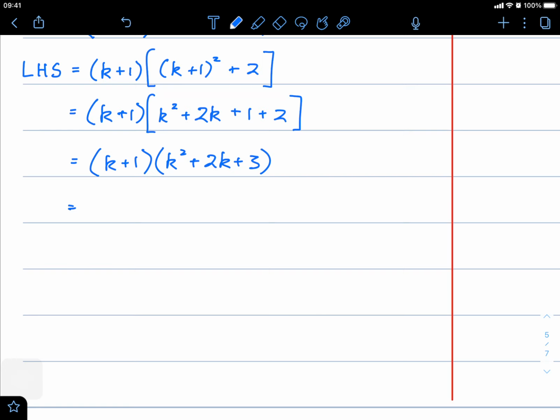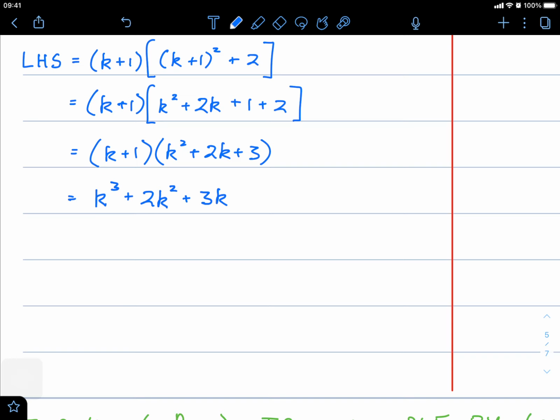So we expand it. So now take a look at how I expand this. k times k squared, k cubed, k times 2k, 2k squared, k times 3, 3k. Now here's a little neat trick I found when it comes to expanding multiple terms in a group. 1 times k squared is plus k squared. 1 times 2k is 2k. 1 times 3 plus 3.